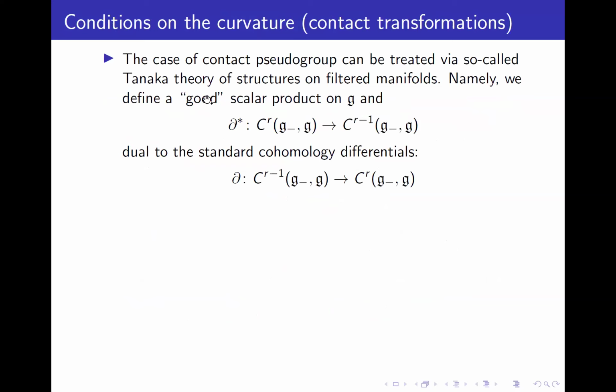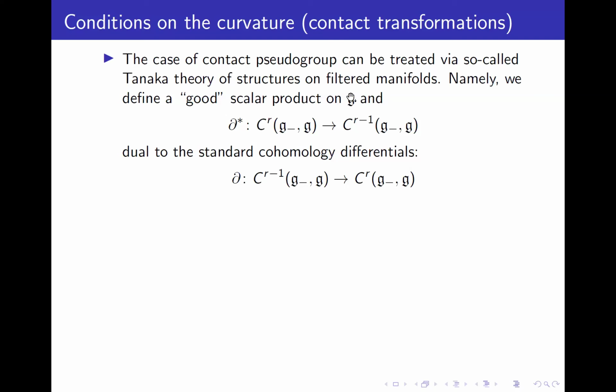Some Lie algebras have a good scalar product. I'm not going to define it; there is some similarity with the Killing form on semi-simple Lie algebras. We don't have a good Killing form here because, well, we do have a Killing form, but it's degenerate because our Lie algebra G is not semi-simple, but we can still find a good scalar product. And I'm not going to define what is good; some invariance properties have to hold.